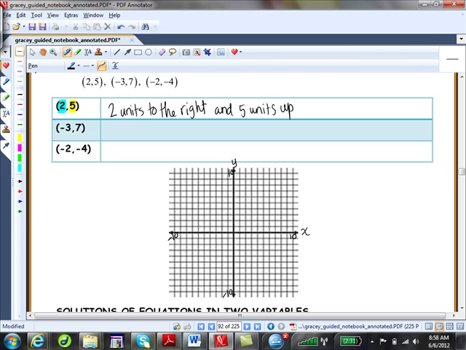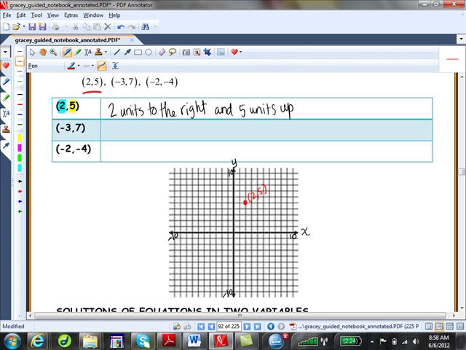So let's go ahead and graph this guy. We'll do the first one in red. So we have to go 1, 2 to the right, and then 1, 2, 3, 4, 5 up. So that ends up being the ordered pair 2, 5. We good?